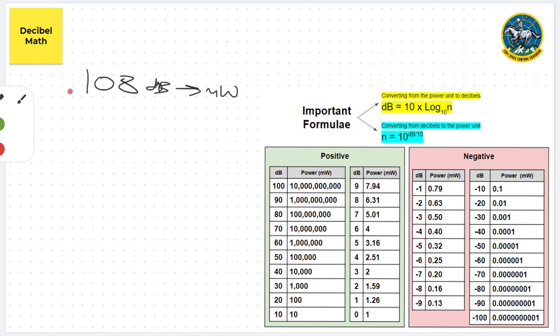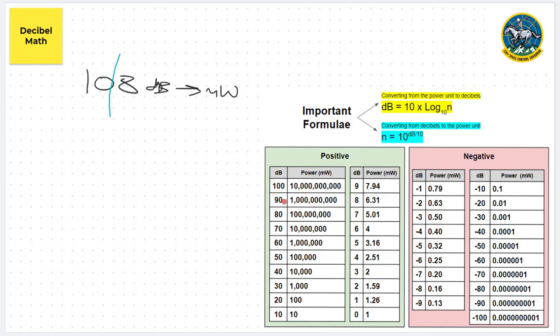Now I'm going to split the number again, and you're going to notice that I split it right here. The reason I'm splitting it here is because if I look over at my chart, the largest 2-digit decibel on the chart is 90, and you'll notice that I have 9 zeros here. So that corresponds to this 9.